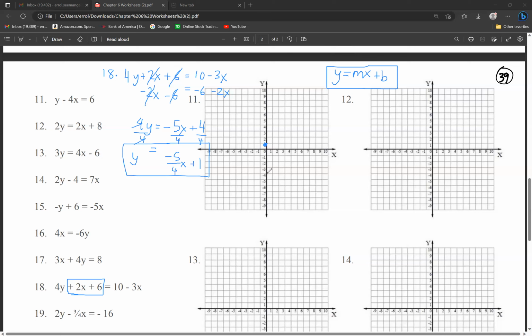Then what? To the right 4. Down 5 and to the right 4. Down 5, 1, 2, 3, 4, and to the right 4. Okay. Is that making sense to you?